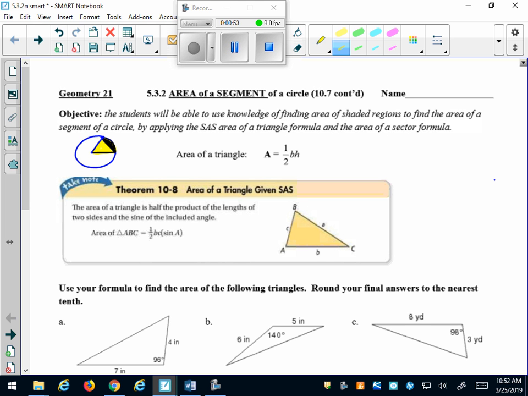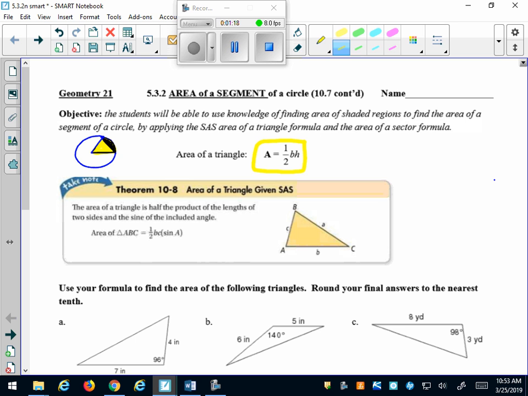So the first thing on this sheet is the area of a triangle. Well, the area of a triangle is 1/2 base times height. You've learned that before, you've used it before. It works here, but it's not the best way to find the area of a triangle for this particular method that we're using. So there is another formula for the area of a triangle.